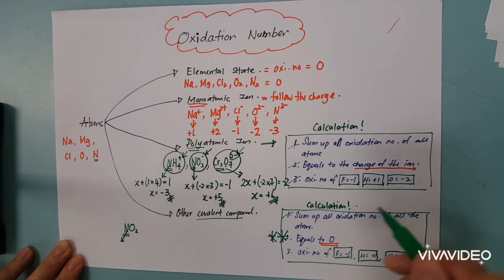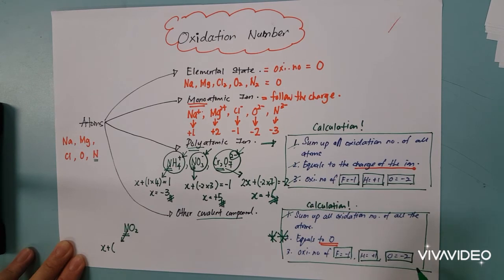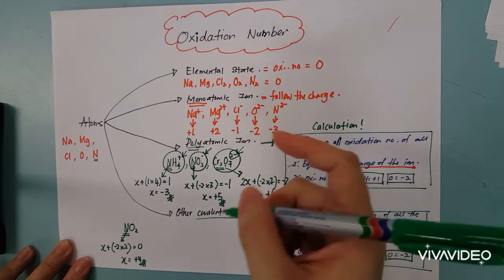I sum up all the oxidation numbers, and nitrogen is the one I do not know, X, and I add the oxidation number of oxygen. Oxygen is always -2, and I have 2 of them. Now I set it equal to 0. Now my X is equivalent to +4, which means in this covalent compound, the oxidation number of N is +4.